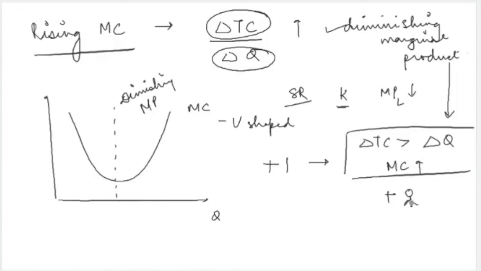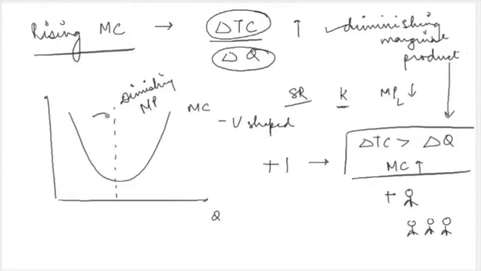Because you are adding one person, you have to pay him or her some fixed amount of money, some salary, जो कि सेम होगी बाकी सभी वर्कर्स को जितनी सैलरी मिल रही होगी उतनी ही सैलरी इस वर्कर को भी मिलेगी, लेकिन this worker might be adding lesser to the output because of diminishing marginal product, but the cost is higher, the cost is increasing, and that results into a rising marginal cost.